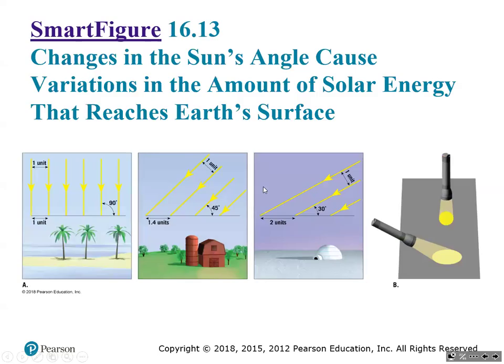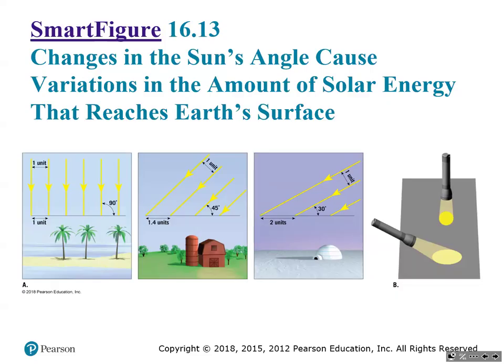And changes in the sun's angle cause variations in the amount of solar energy that reaches the Earth's surface. So if you're near the equator and the sun is coming directly, at 90 degrees from the surface, you get lots of sun. For the same sunlight, at 90 degrees, every unit of sunlight is spread over 1 unit of ground.